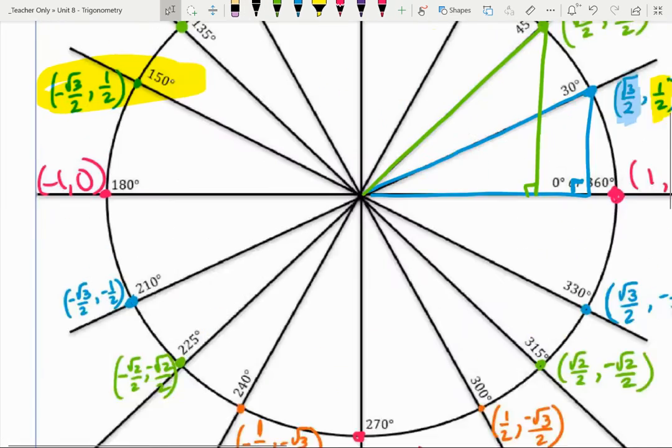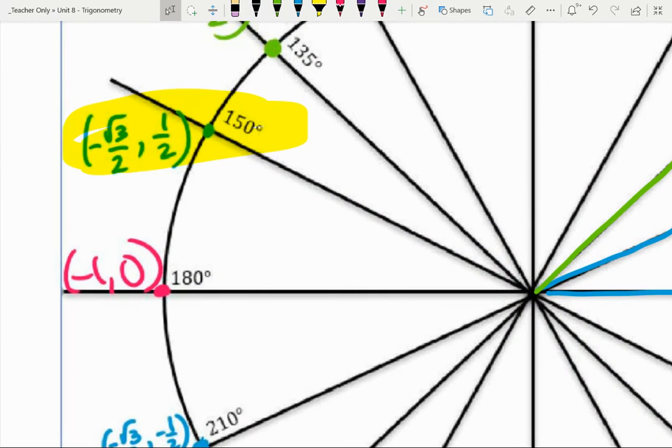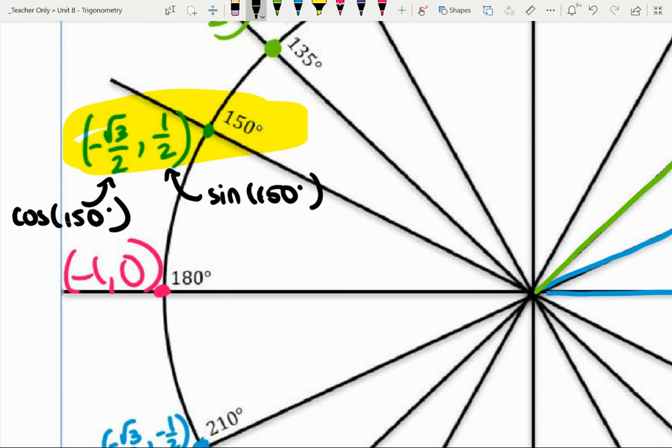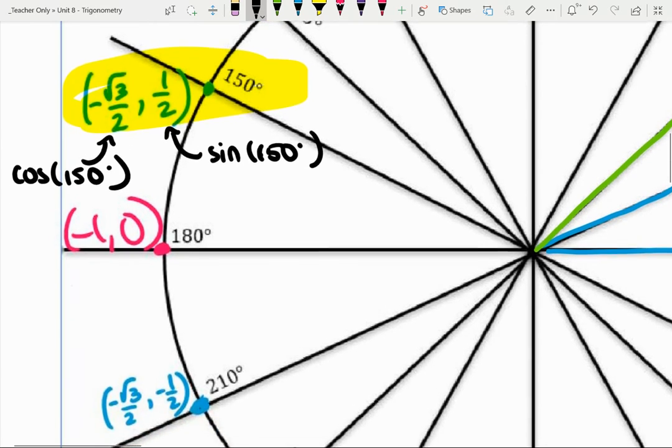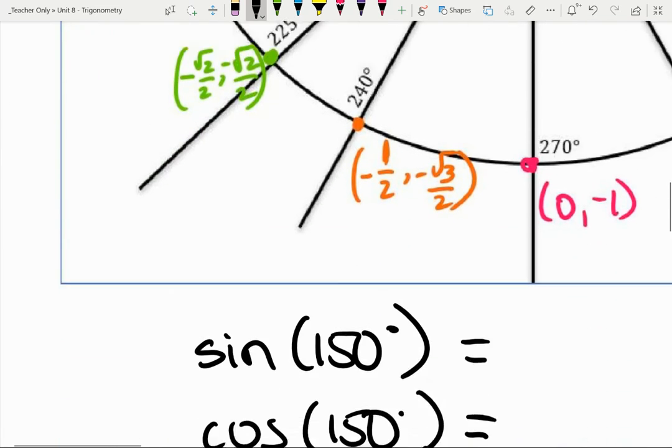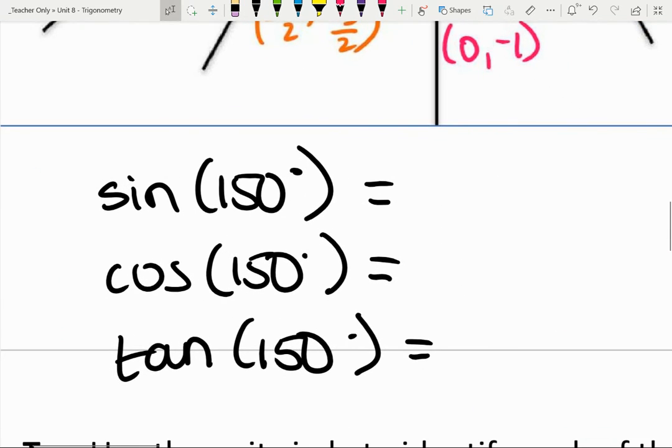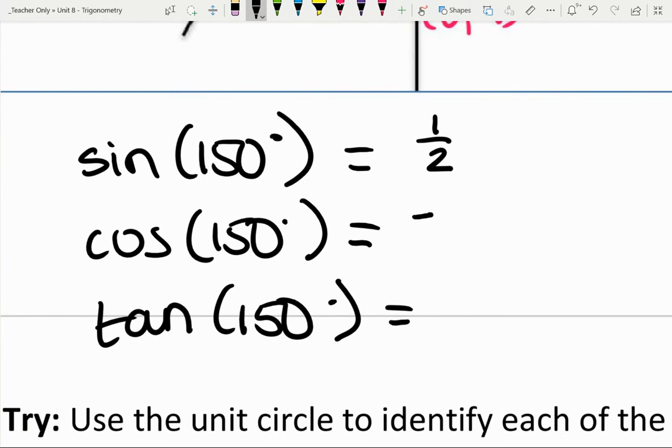The sine of 150 degrees is our y coordinate, and the cosine of 150 degrees is our x coordinate. So again, it's a little bit backwards, maybe it's just me. So my sine of 150 degrees, according to our unit circle, is 1/2. Our cosine is negative √3/2.